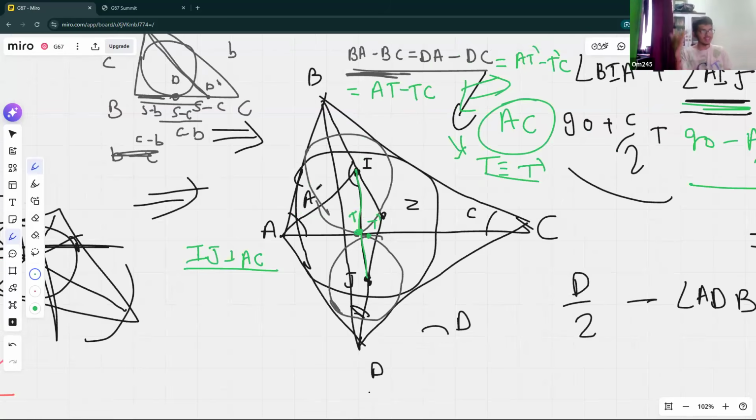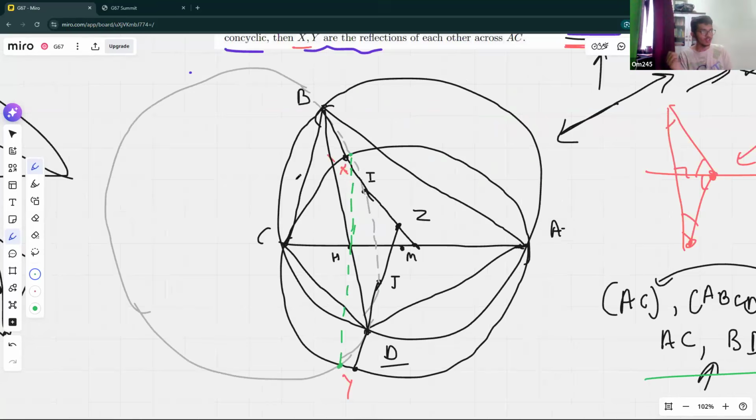We assume this has an incircle, and if you assume this BIJD is cyclic, then you can prove ABC is cyclic. Another way, which I will prove here, is to suppose these two are cyclic, then we can prove IJ is perpendicular. We can use radical axis for this also.